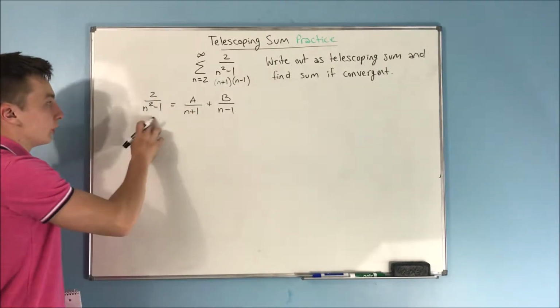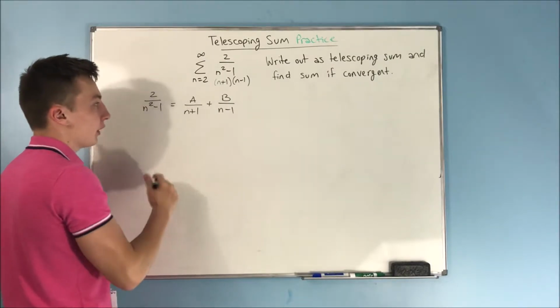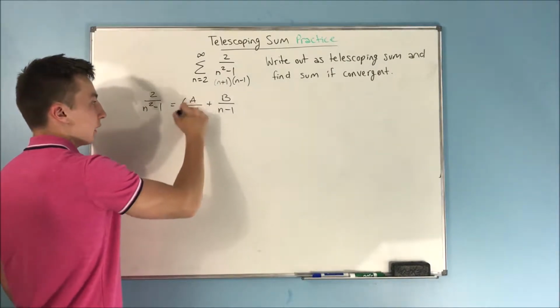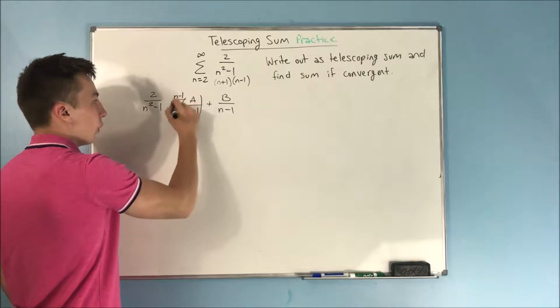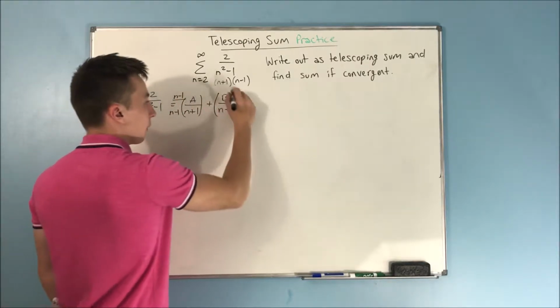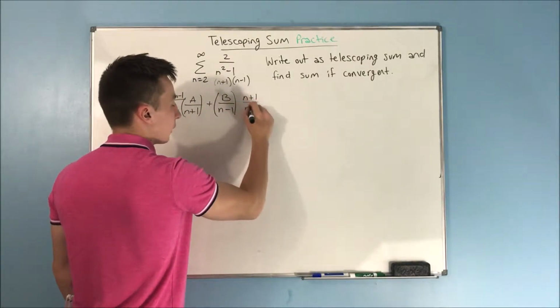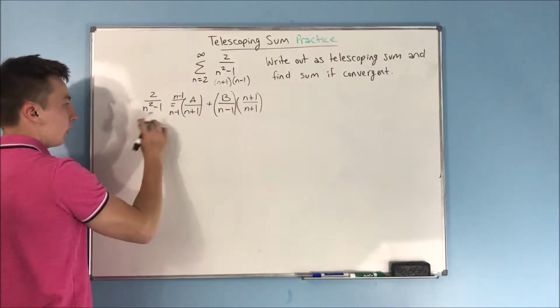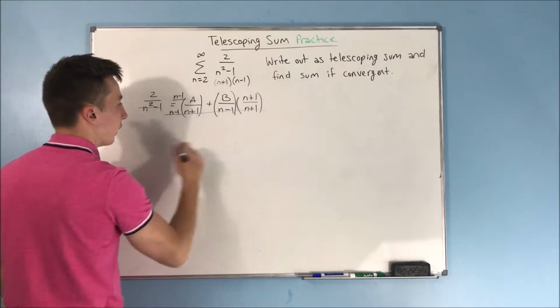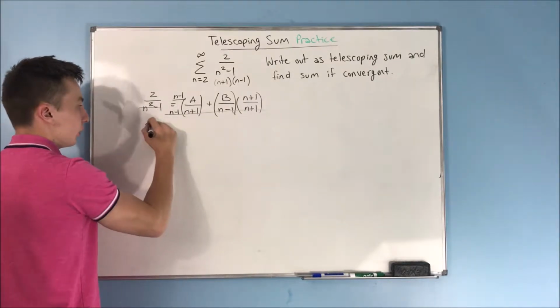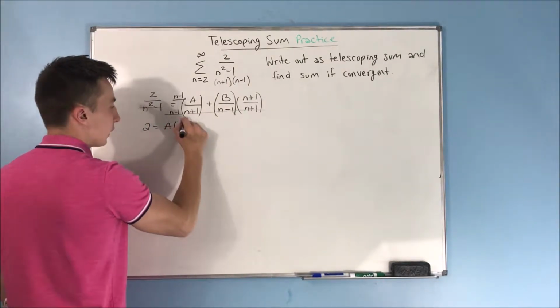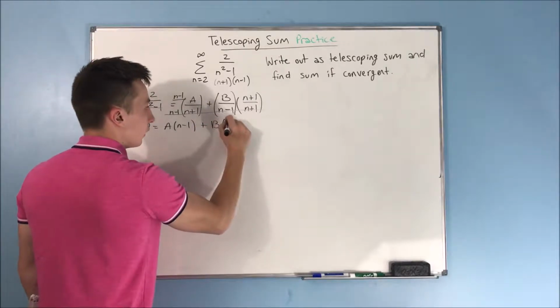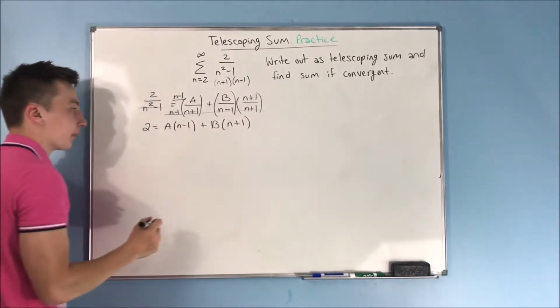Now, to get common denominators, we have to multiply this by n minus 1 over n minus 1, and we multiply this by n plus 1 over n plus 1. So we can cancel out all these denominators and get that 2 equals A times n minus 1 plus B times n plus 1.